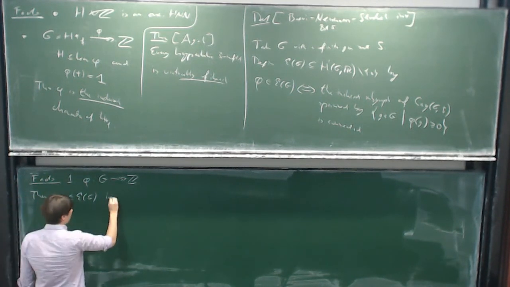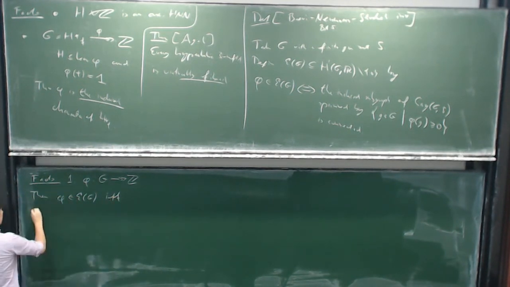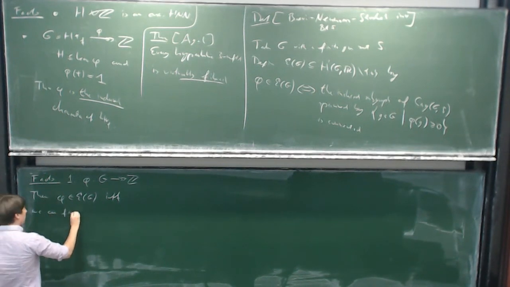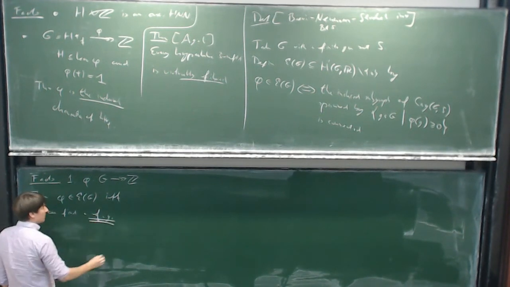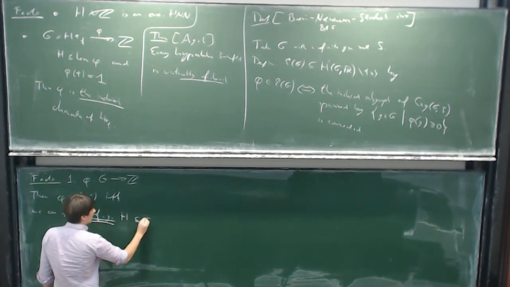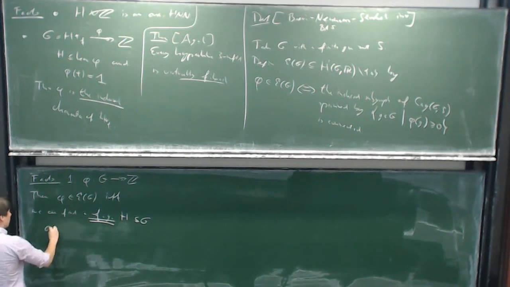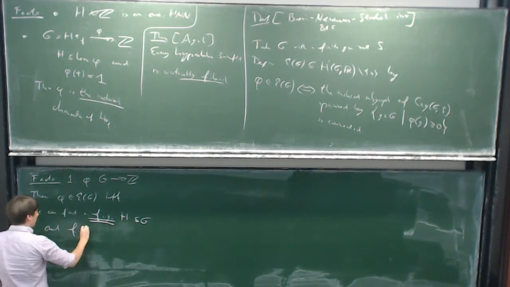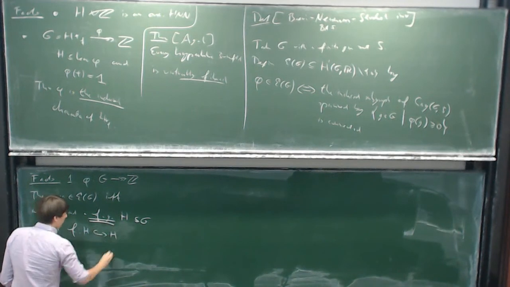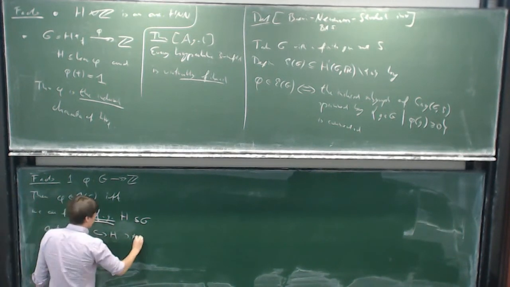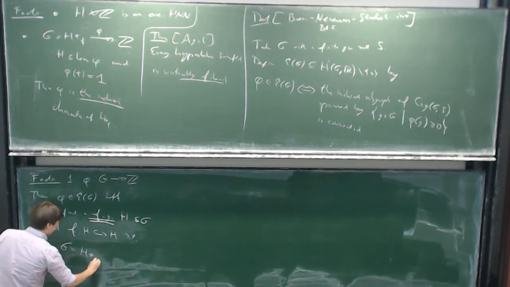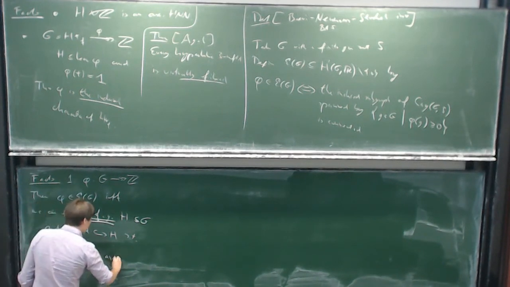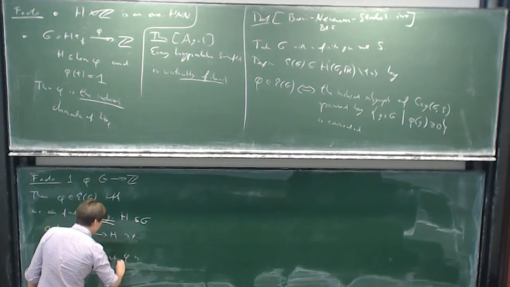if and only if we can find a finitely generated, very important, subgroup H inside G, and a monomorphism, such that G is an ascending HNN extension over H, and phi is the induced character.